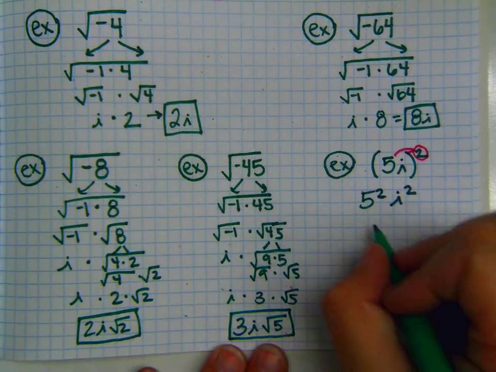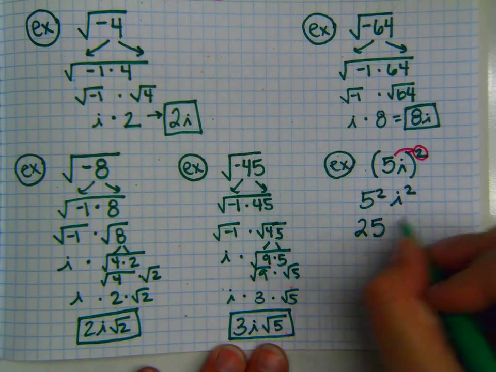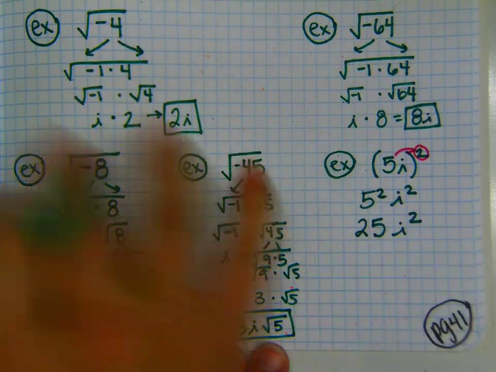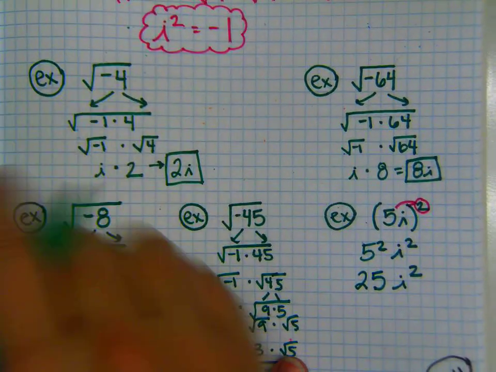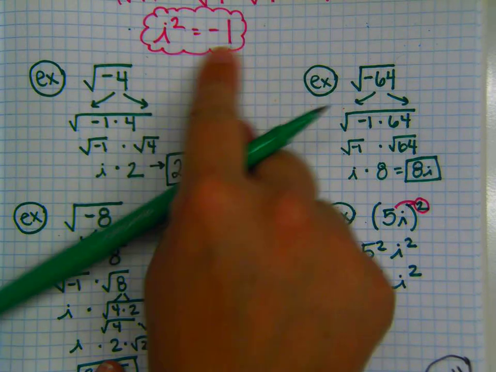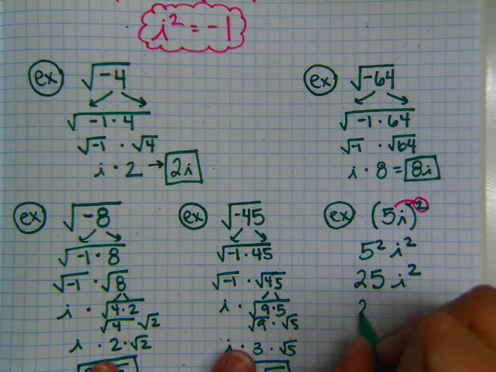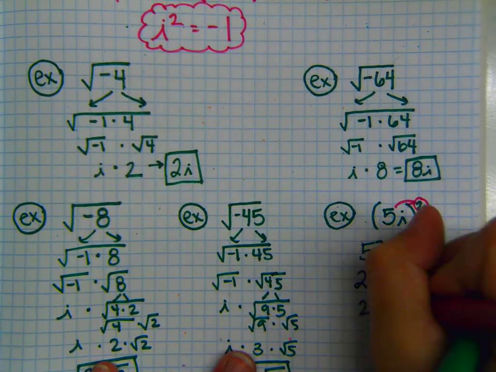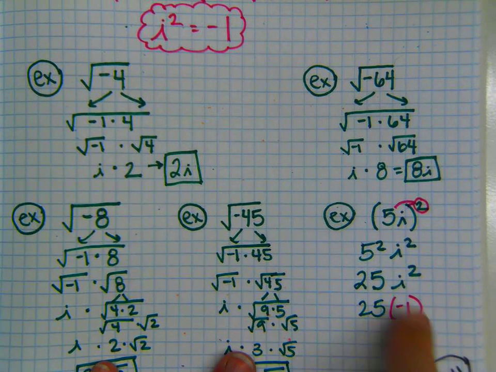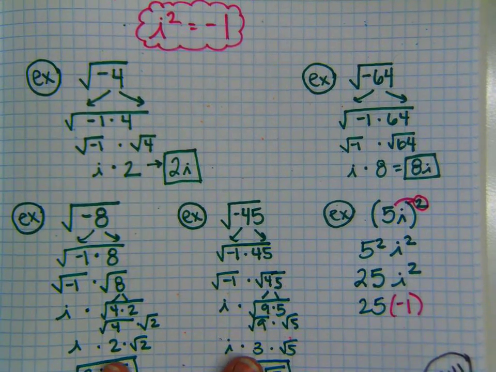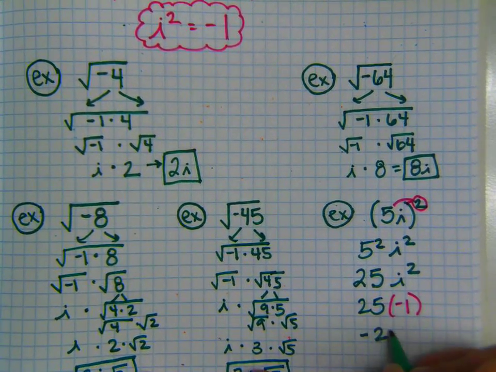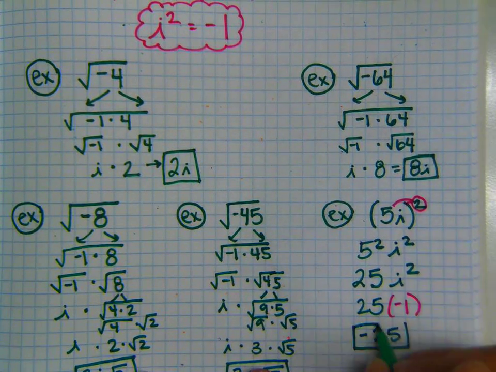Now we know 5 squared is 25. And then i squared. Now let's look back up at our notes. i squared equals negative 1. So that'll be 25 times negative 1. And you have to substitute in that negative 1 for i squared. So your final answer is negative 25.